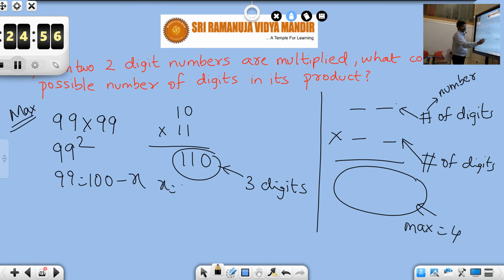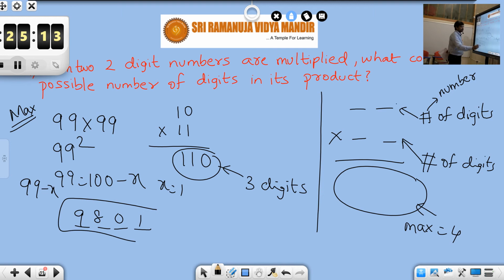What is x? x is 1. So the last two digits would be the square of x, that is 01. And to find the first two digits, what will we do? We'll subtract x from 99, that is 99 minus x. So we'll get 9801. So 9801 is the square of 99.